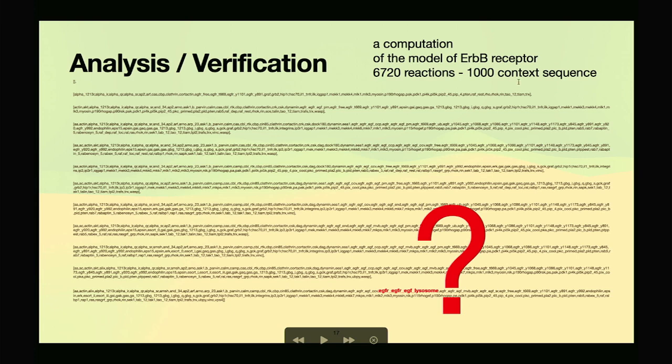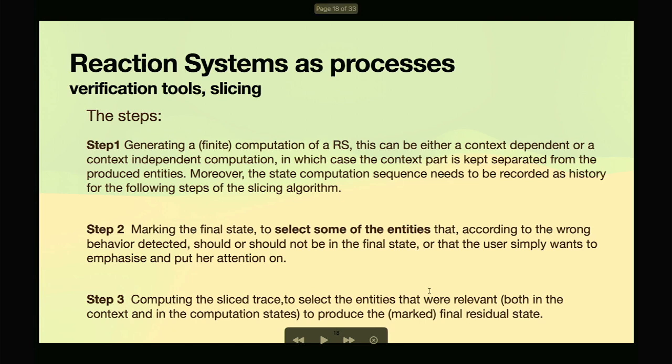What we would like to do is to put our attention on this entity, and we want to know which are the causes of these entities. For this, we need a verification tool, and we have applied the slicing algorithm.